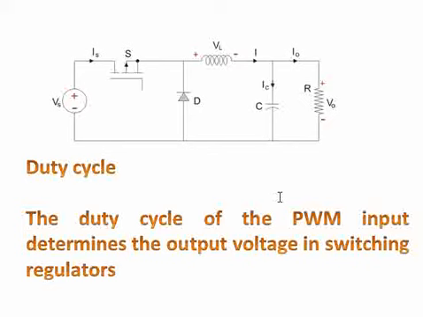If you have seen our channel, in the previous video we talked about a boost regulator, and we showed a simulation where, by changing the duty cycle, we saw how the voltage output of that boost regulator changed. So just have a look at it. That's what the duty cycle is, very, very important.